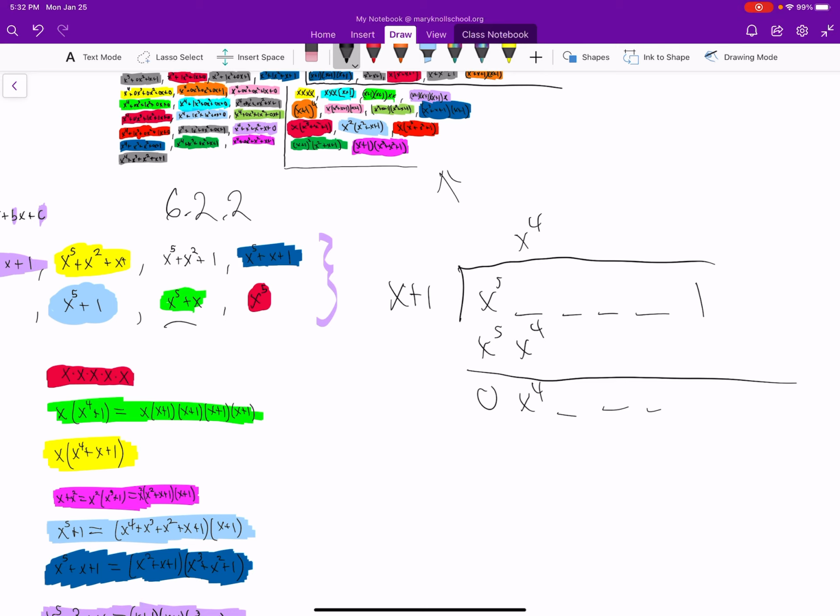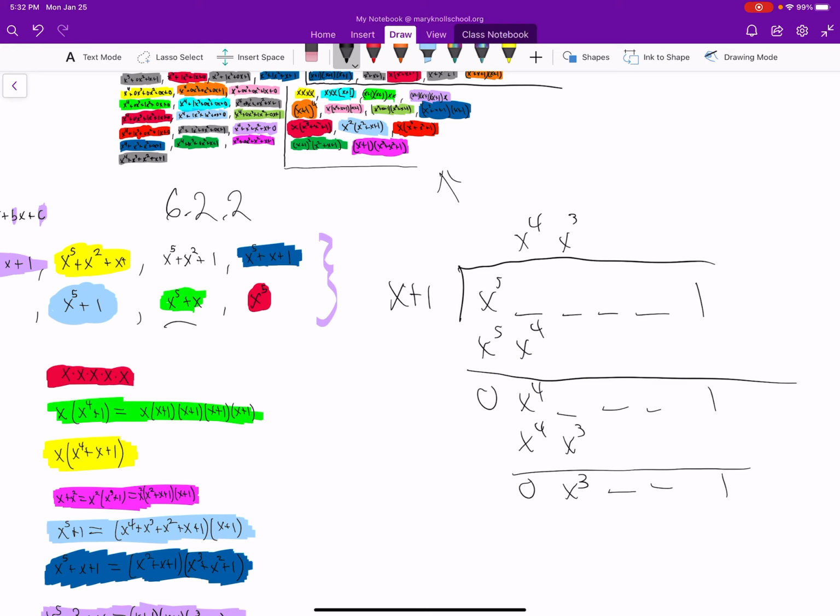Put a 1 here, and just keep going. So x to the third, x to the fourth, x to the third. Okay, so 0, x to the third. Remember in Z2, negative 1 is positive 1.